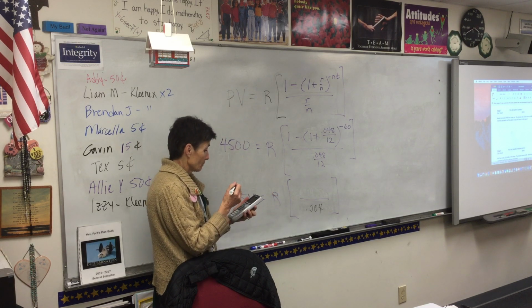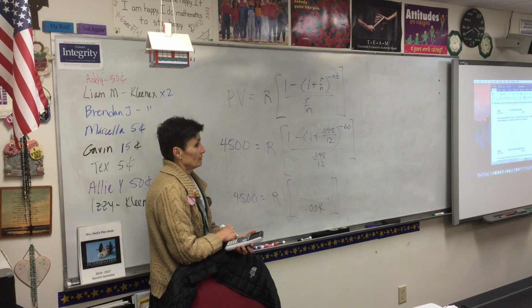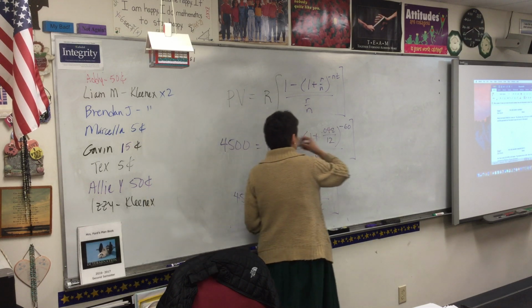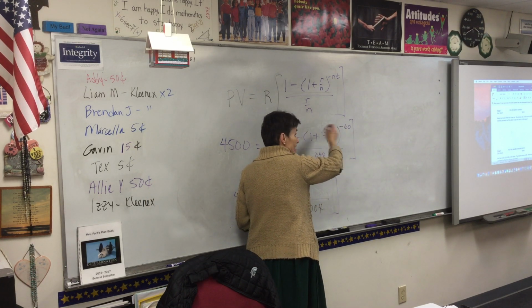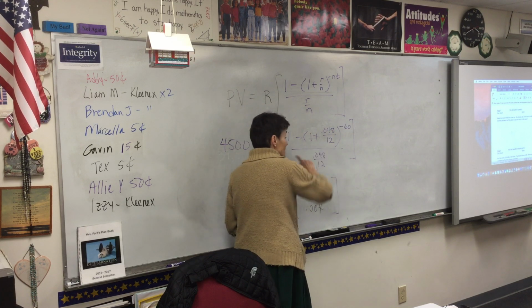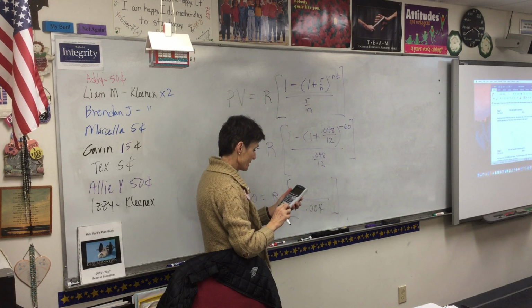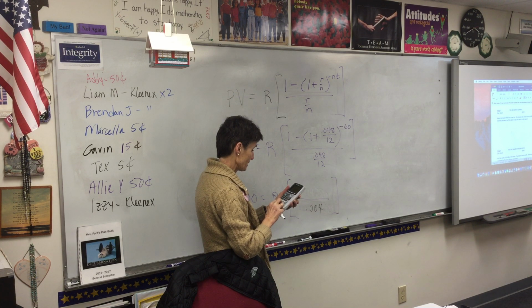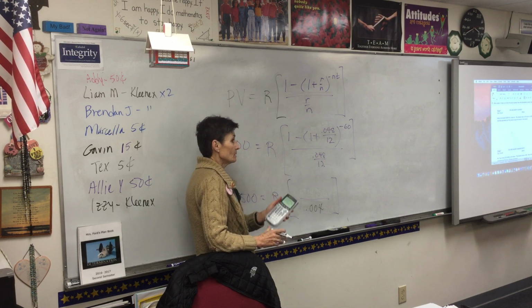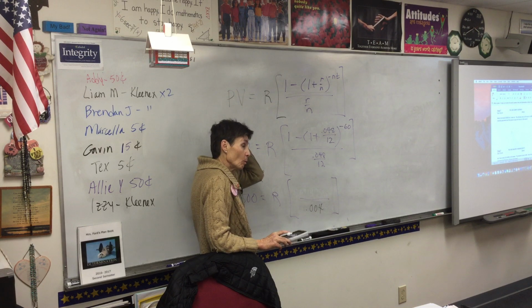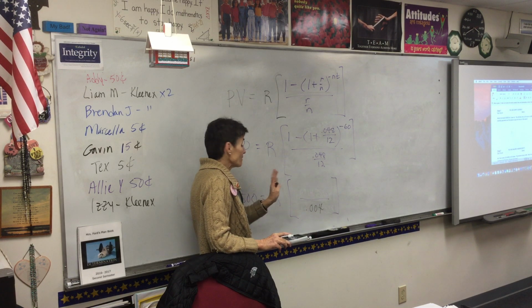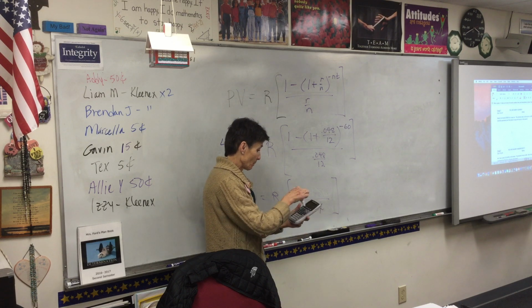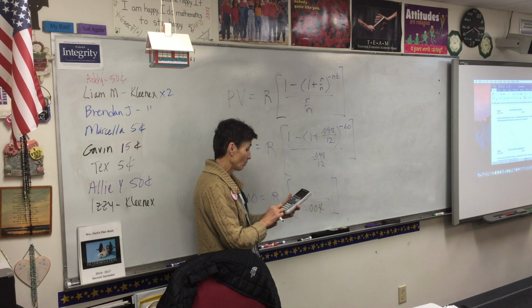Now, I can type this numerator in exactly as it is. So 1 minus parentheses, 1 plus 0.048 divided by 12, close parentheses, raised to the negative 60th. And I got a decimal, 0.2 something. But I'm not even going to write that down because I need to just take that number right there and divide it by 0.004.